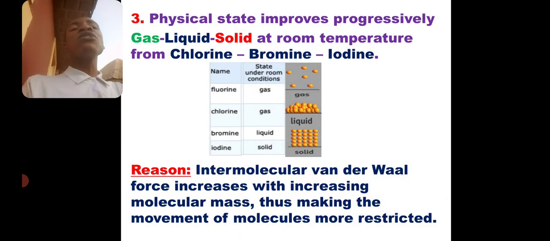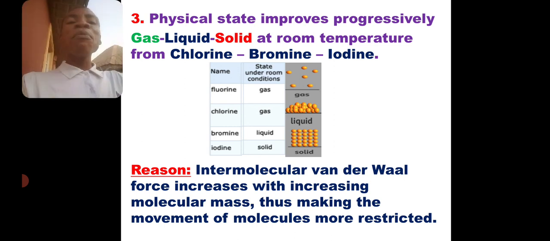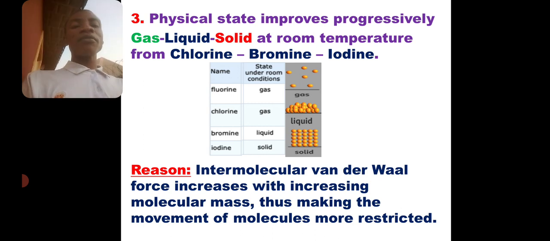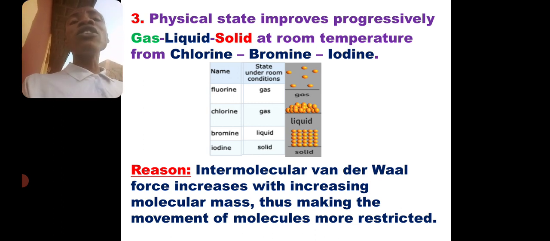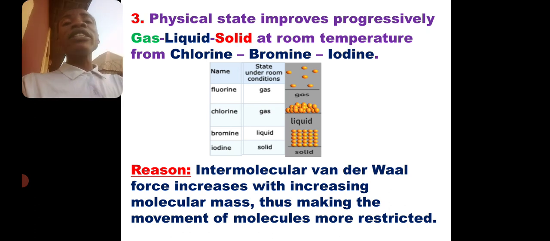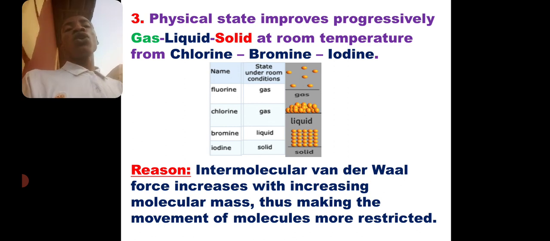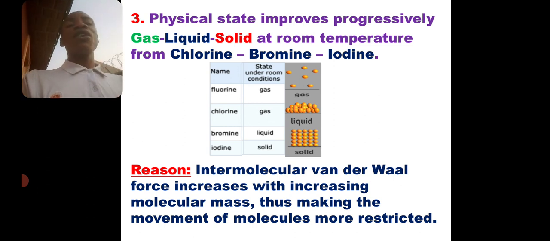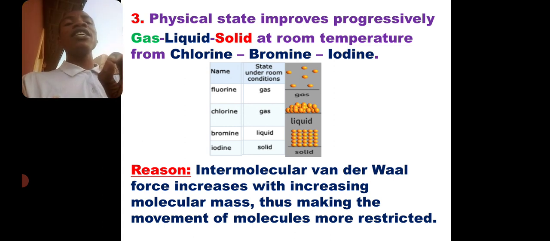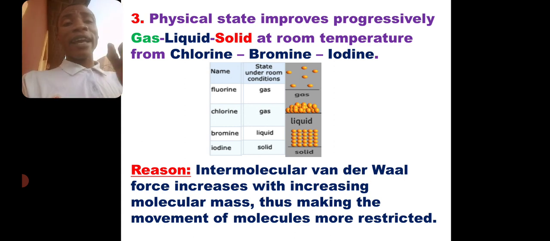Then the physical states of these halogens progress from gas to liquid to solid at room temperature. What's also responsible for this is the intermolecular force. They all contain intermolecular van der Waals force, which becomes stronger with increase in molecular mass, or if you like, with increase in the number of electrons.